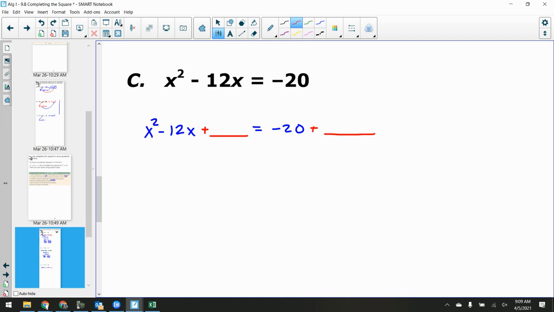What fills in that blank? 36. A positive 36. I take negative 12, I cut it in half, I get negative 6, square it, positive 36.